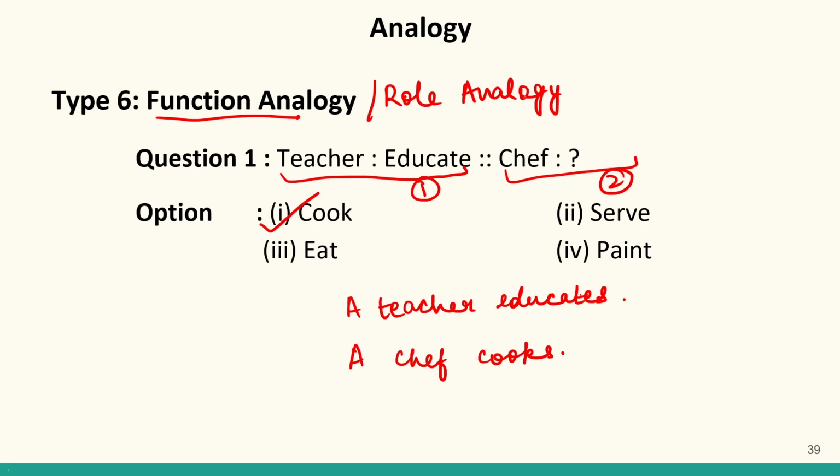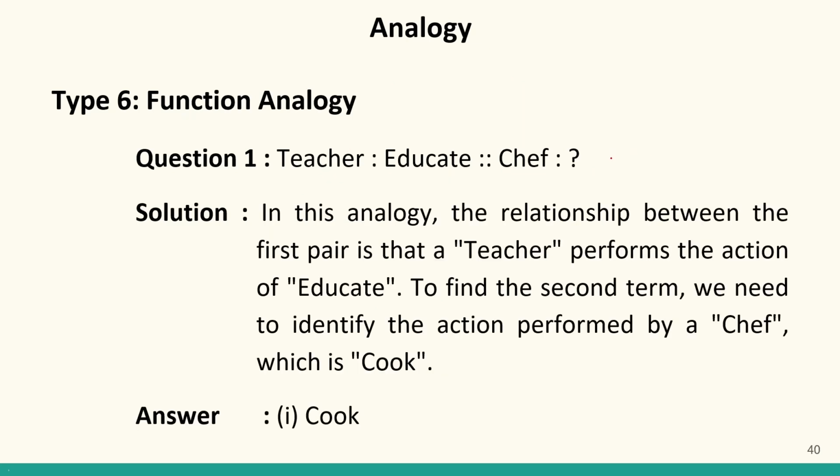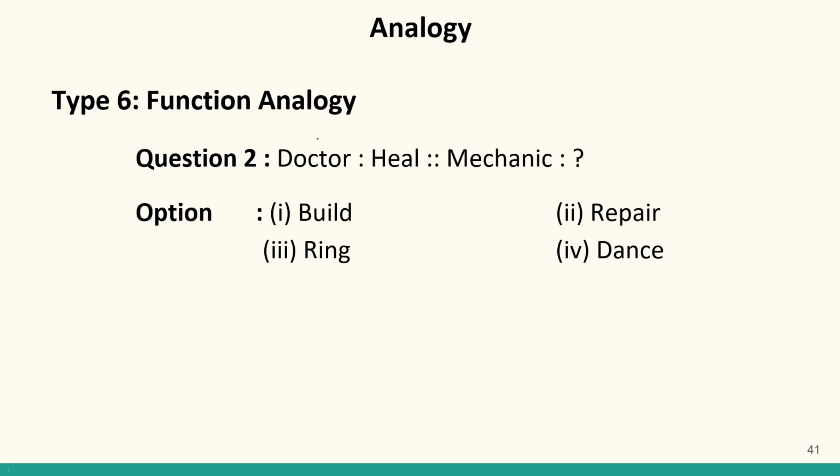So in function analogy or role analogy, we have to find the function in the first pair and then solve the answer for the second pair. Now, what does a doctor do? A doctor heals. This is pair 1. So a doctor heals its patients.